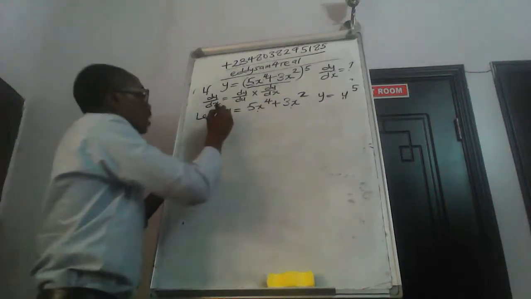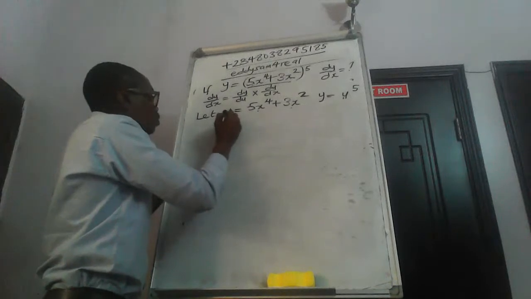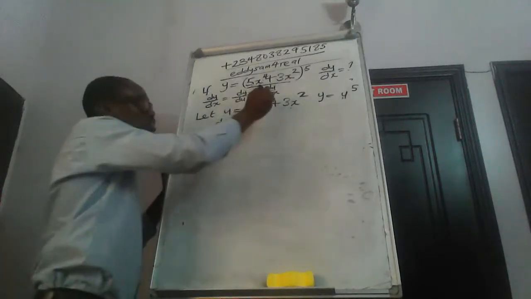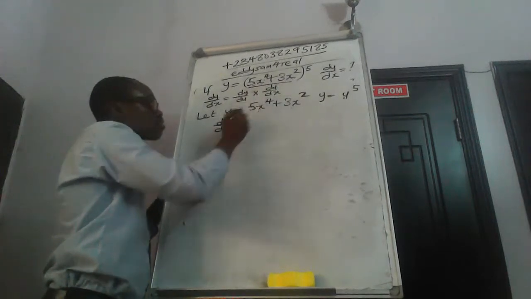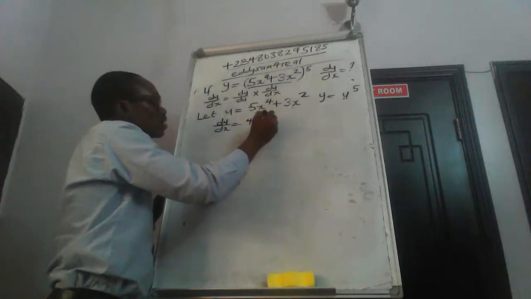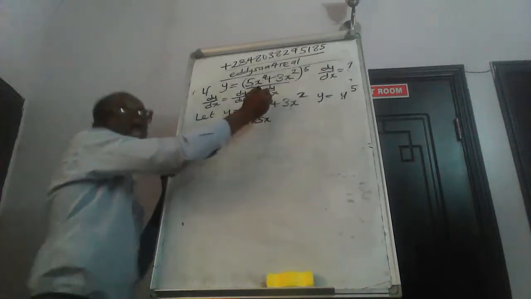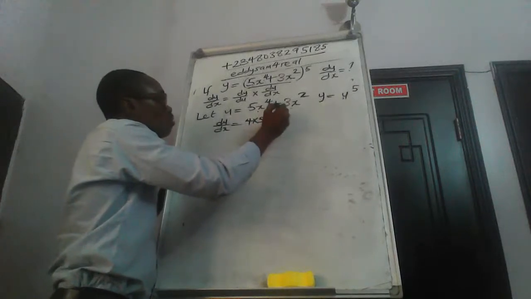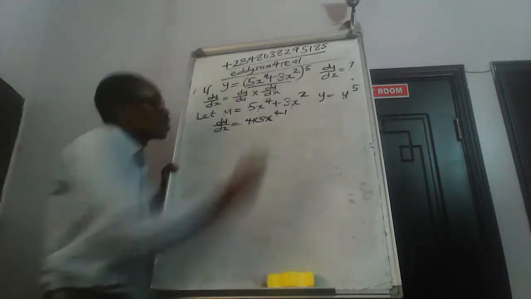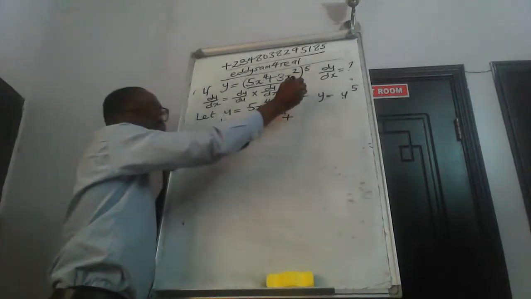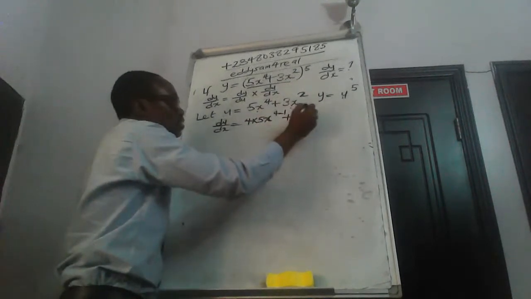So du/dx is equal to 4 times 5, then your power here is going to decrease by 1. So you have x raised to power 4 minus 1, plus, over here, 2 times 3.